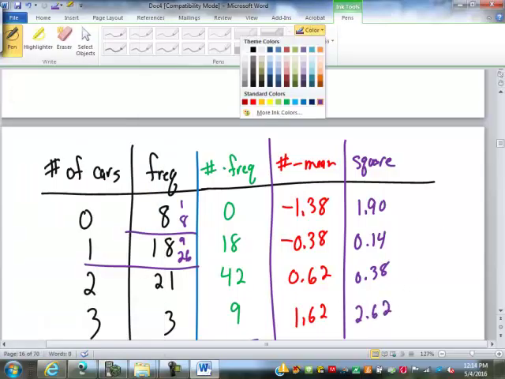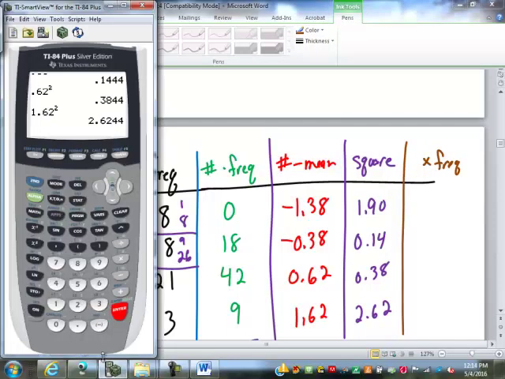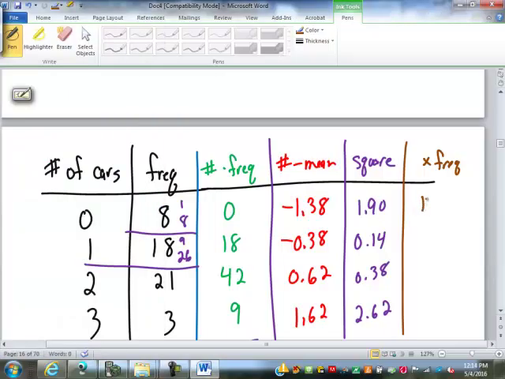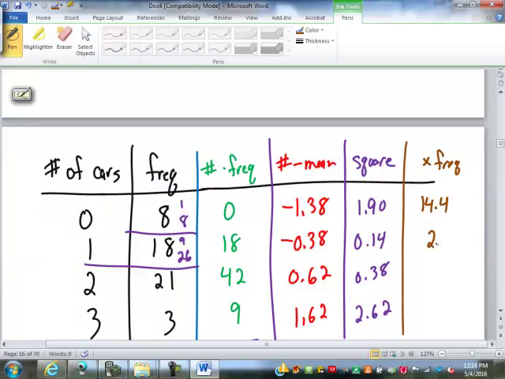And then each of these has to be multiplied by the frequency. So 1.9 times 8 is 14.4. 18 times the 0.14 is 2.52.